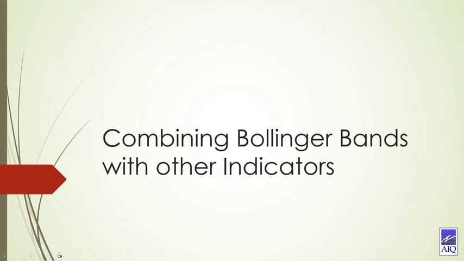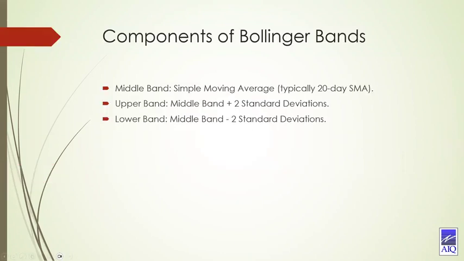As I say, the first here, combining Bollinger Bands. Let's start with the basics. Real quick, they're pretty much an upper and a lower band. There is a middle band you can do. We don't show that in AIQ. We just do the upper and lower bands. And pretty much, they're just moving averages with standard deviations. The default is 2 standard deviations away from the average.